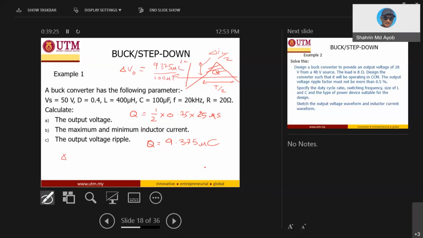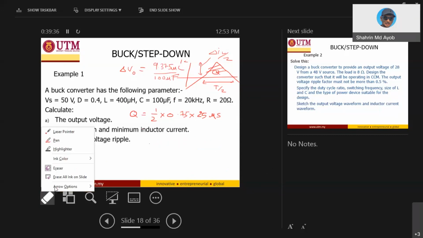So compute that, berapa dapat? Berapa? Ya ke micro? 0.09.